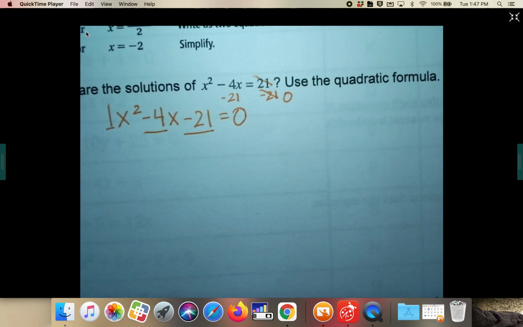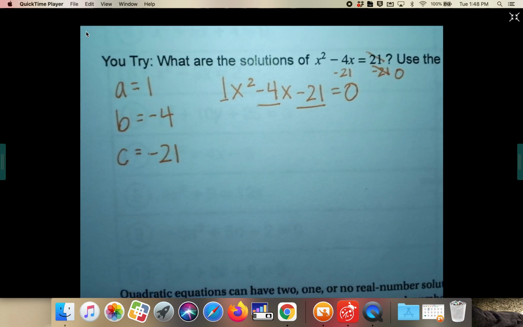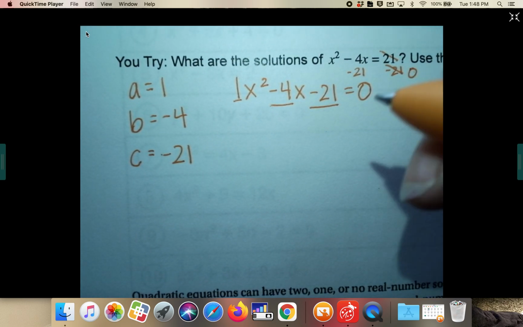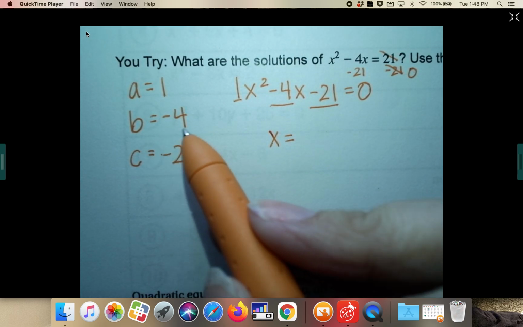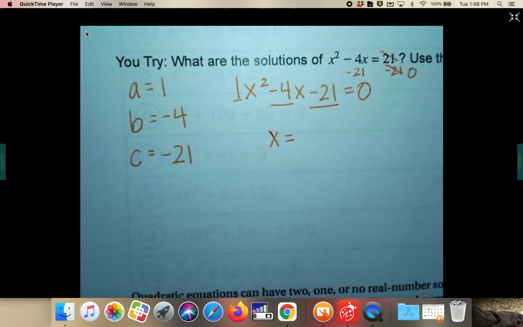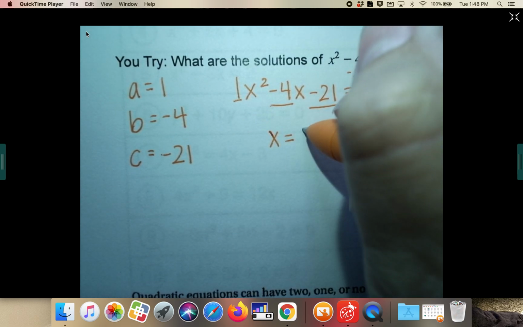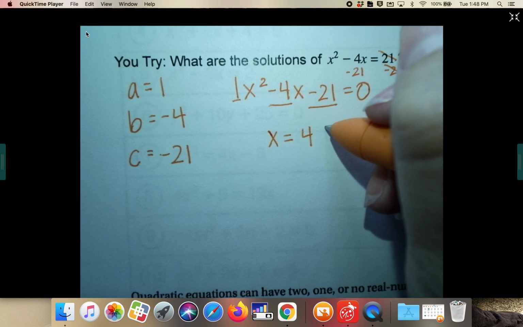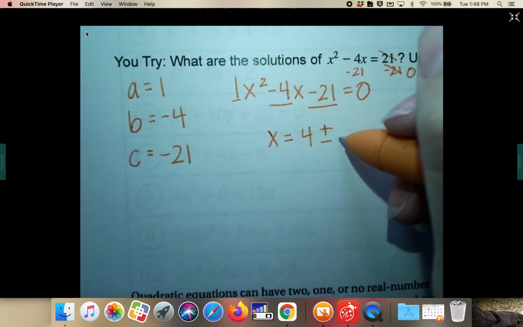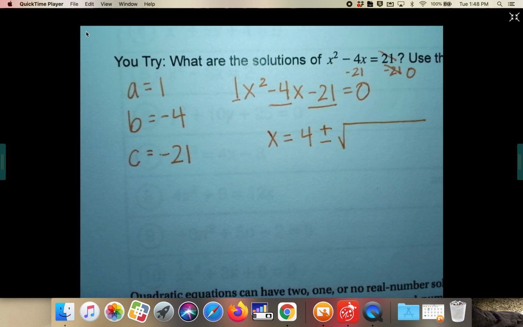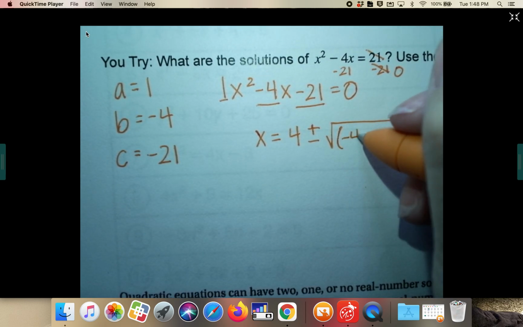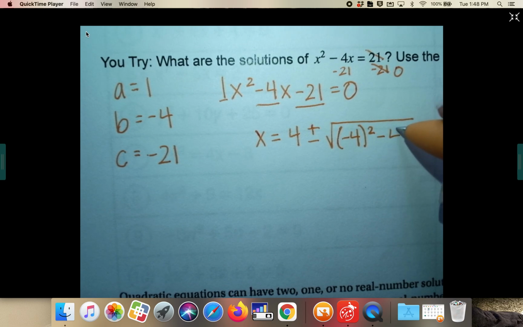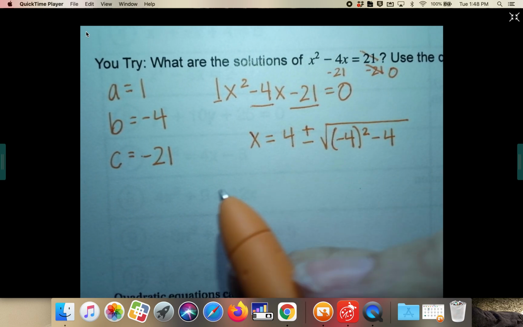All right, so it says use the quadratic formula, which now you have memorized because I have now sung it twice for you. So we are going to do x equals opposite b. Opposite -4 is going to be +4, plus or minus the square root of b squared, so -4 squared, minus 4ac, a and c multiplied together.